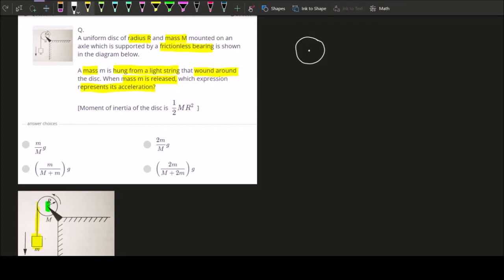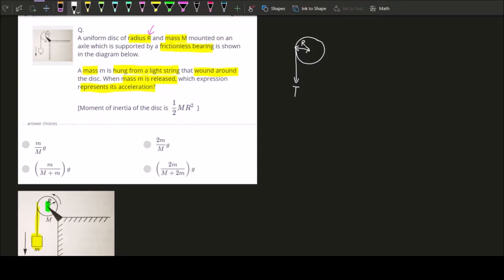That's why there's a tension actually. So you can draw there's tension pulling it down. Every force you should label the distance. The distance will be capital R because it has a radius of R.